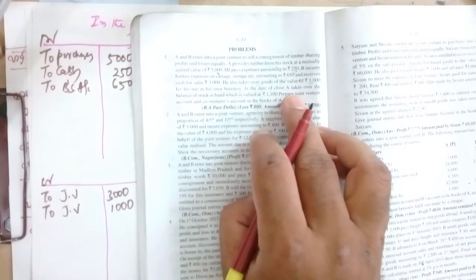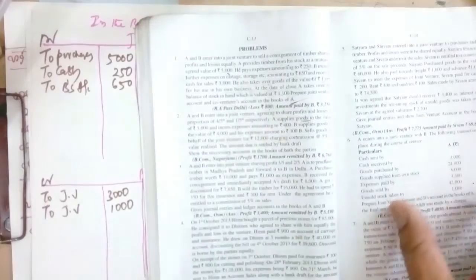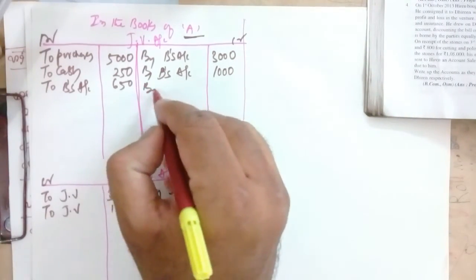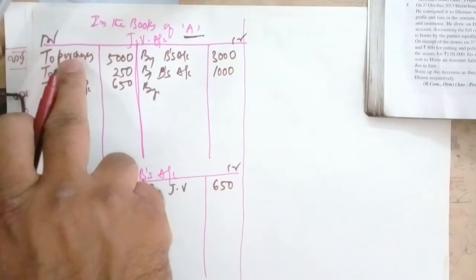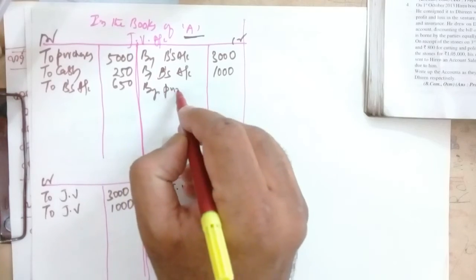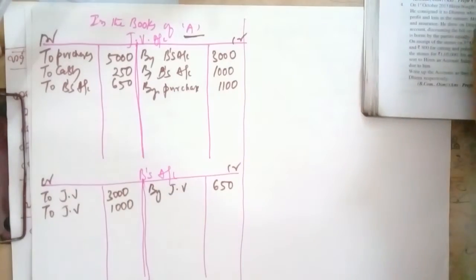At the date of the close, A takes over the balance of material in hand for 1,100. So A is taking over the leftover material. Again it should be credited: when A brought the material, we wrote purchases. When A is taking over the material, again we write purchases. That is 1,100. Right? Am I right? Right.